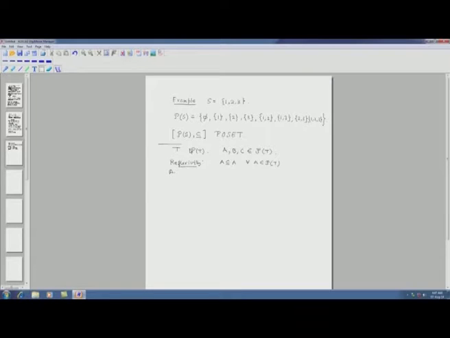Then antisymmetry, that is, if A is a subset of B and B is a subset of A, this will imply A equal to B, and finally transitivity, that is A subset of B and B subset of C will force A to be a subset of C. These are very basic properties of set inclusion and equality.